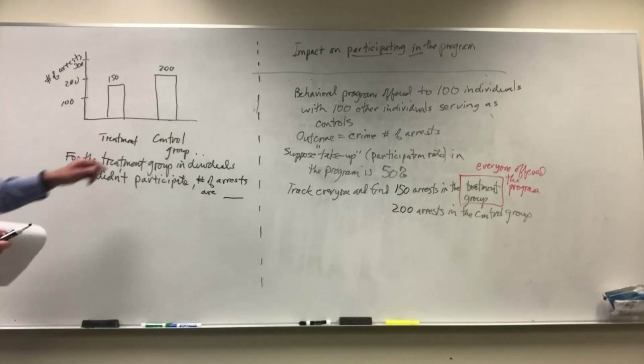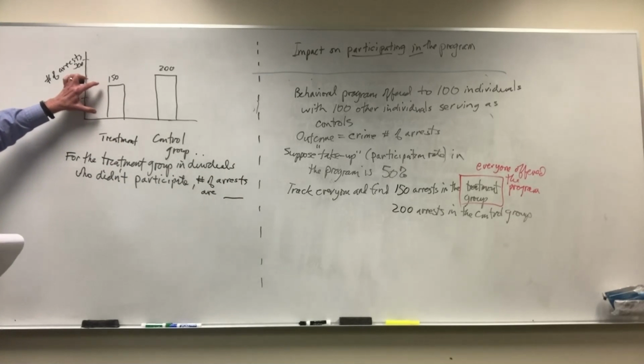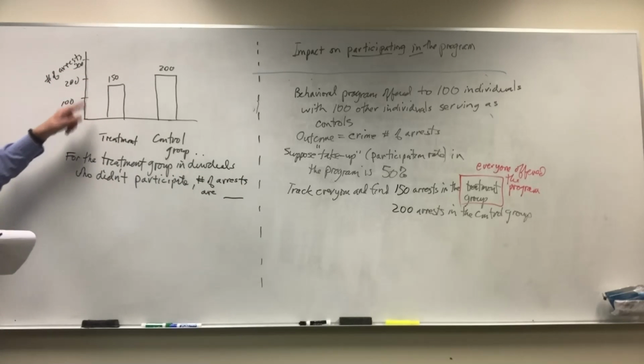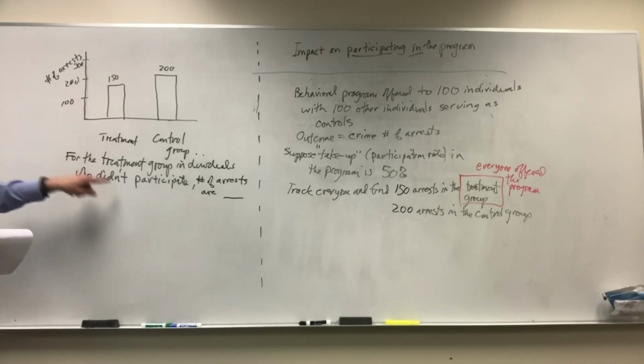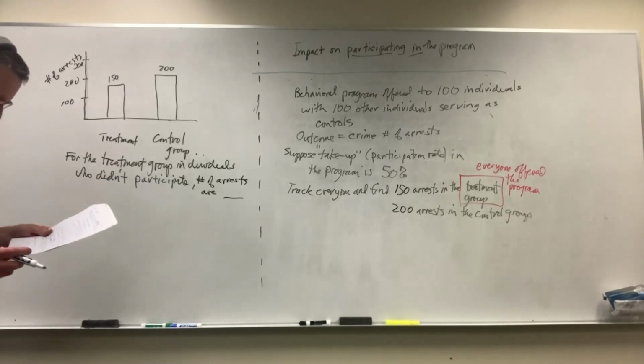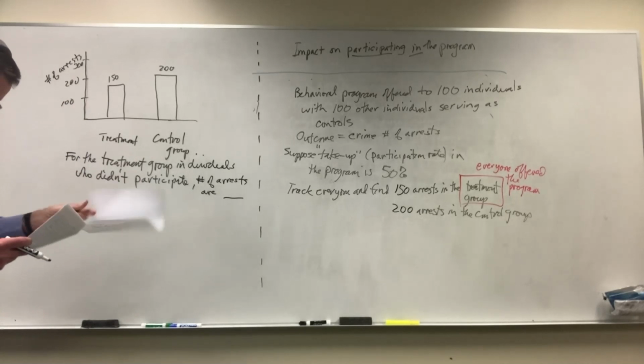So you can take this group of people who were offered the program. Half of them didn't participate, 150 crimes altogether for all 100, but you know who didn't participate and who did. So you can see what the arrest rate is for the people who didn't participate. Suppose that's 125.